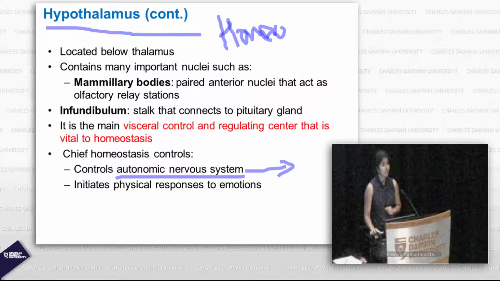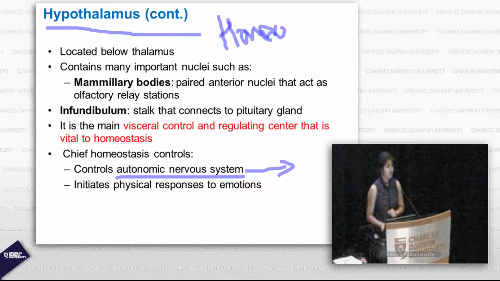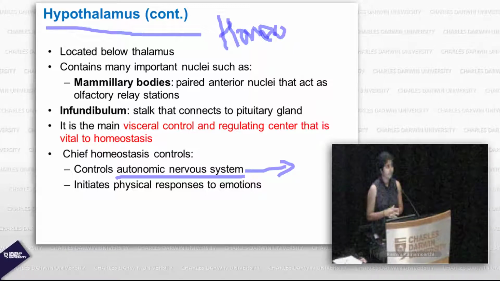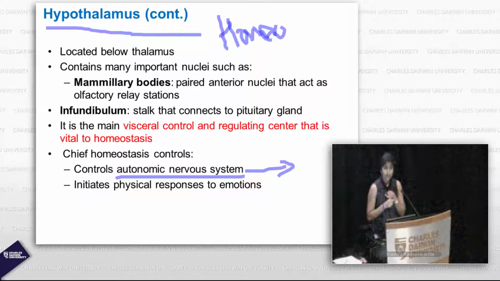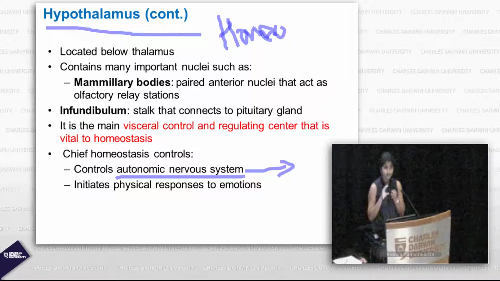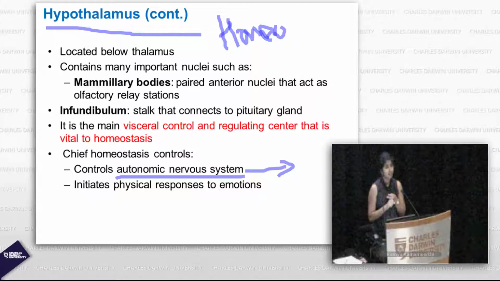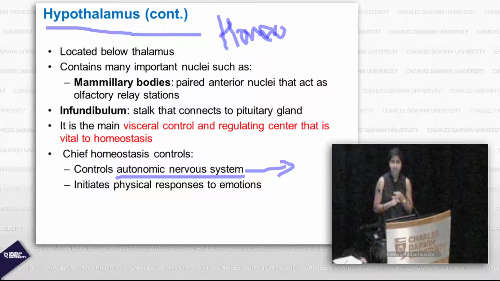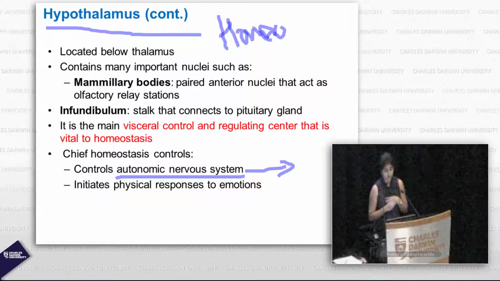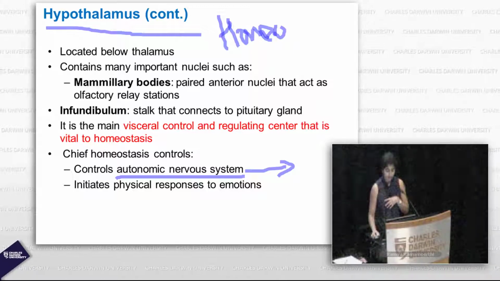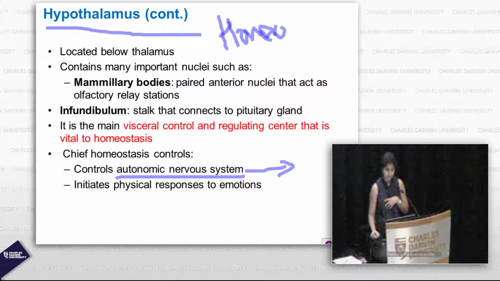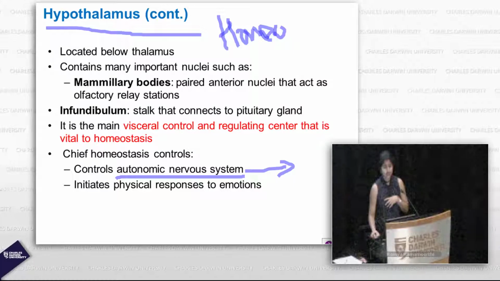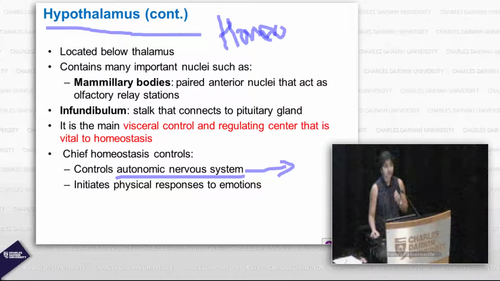What are the various functions it covers? Mainly it controls your blood pressure and your heart rate, that's right. So the rate and the rhythm, everything is controlled by the hypothalamus. Then also your intestinal motility, and it also controls the eye movements and all those fine movements involved.